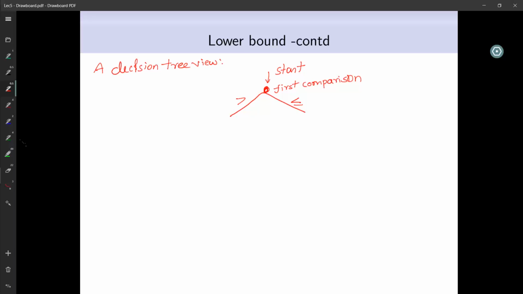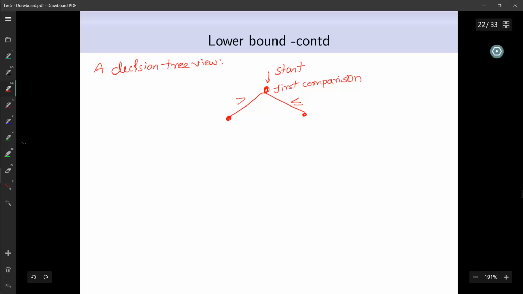These are the only comparisons, right? Because when I say sorting algorithms, elements should be from an ordered set, in fact a total order. The corresponding comparison, in our case we assumed integers, is the natural less than or equal to comparison. So these are the two outcomes. Then the algorithm goes into one of two possible new states.